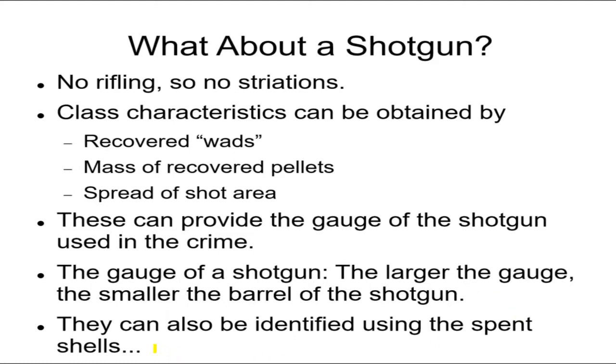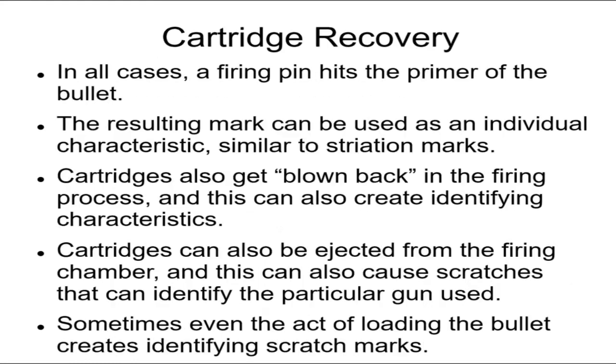Okay, so there's another way to identify the gun: by finding the spent shotgun shells. We really need those, and this can tell you a little bit more about the gun, and might even give you individual characteristics.